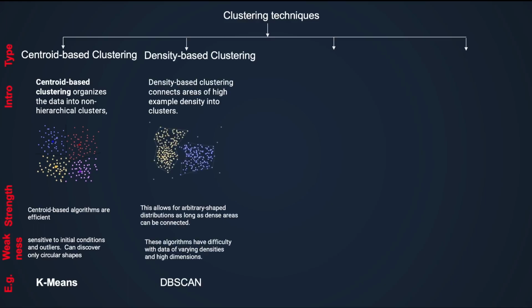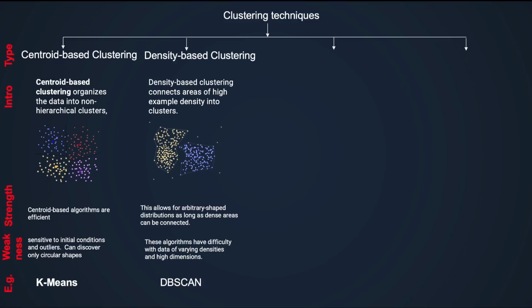The second class of clustering techniques is density based clustering. These techniques use the connections of areas based on the high density of the objects to create clusters. Density based algorithms can find arbitrary shaped clusters as long as the density areas are connected.